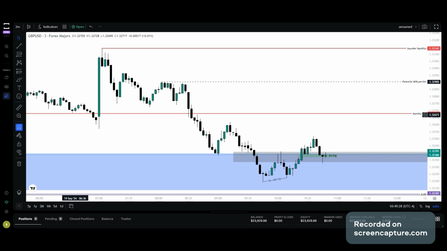Just really want to see how we're gonna react to the top of that 15-minute sell side imbalance, buy side inefficiency. That gray rectangle is very indecisive. It's kind of ping ponging around in there now.